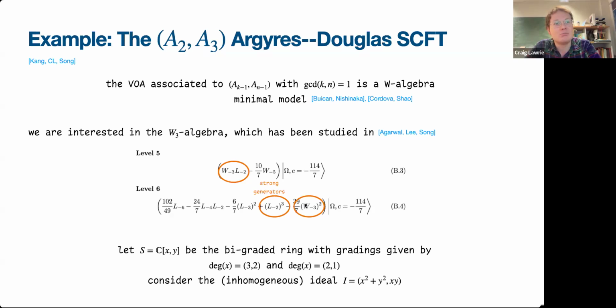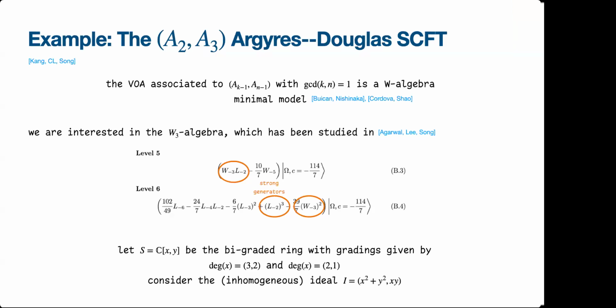You can see there are two typos on this slide, which is very disappointing. I'm letting y be L minus 2, so it should really be y cubed, and I'm letting x be W minus 3. So it should be, of course, x squared plus y cubed and xy. Okay, good. So this is a ring.